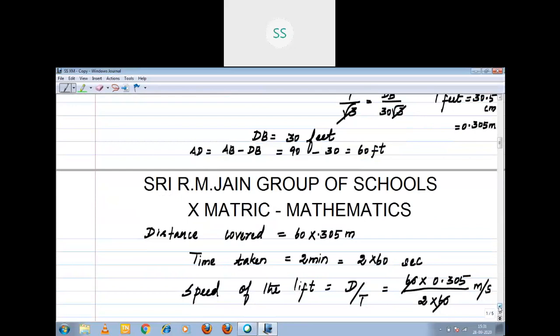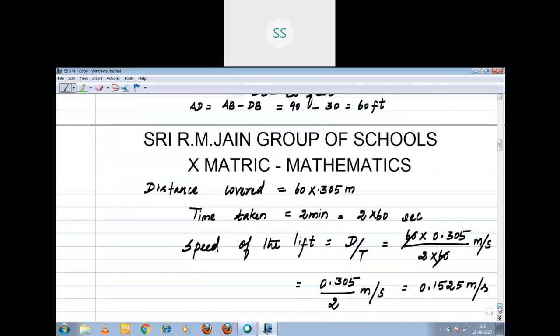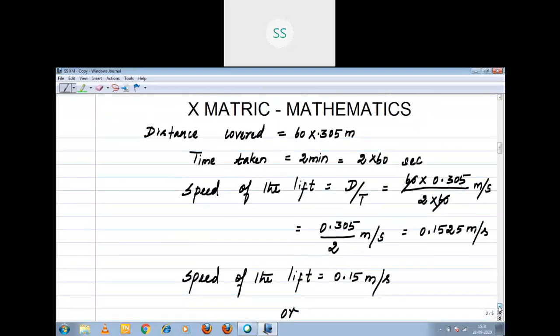Now speed of the lift equal to distance divided by time. 60 into 0.305 divided by 2 into 60 meter per second. I got the answer as 0.1525 meter per second. After the decimal I restricted to 2 digits, so I wrote 0.15 meter per second.